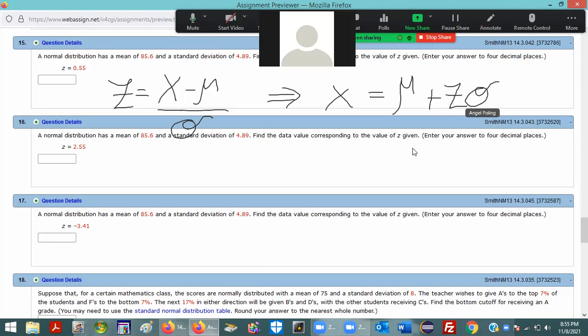So here we just have 85.6. I'm going to write it below, I think. 85.6 plus 0.55 times 4.89. So this one, Z-score, is called standardizing.